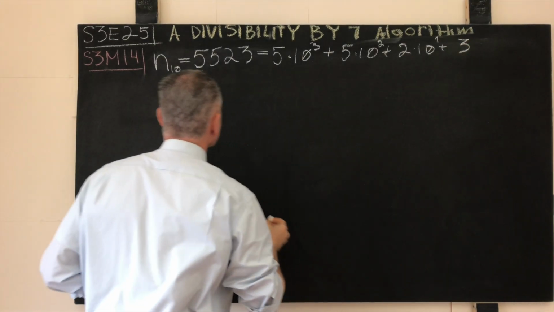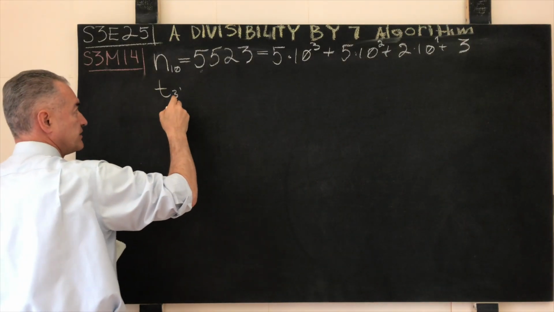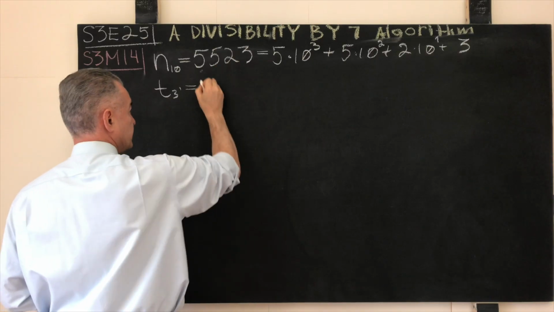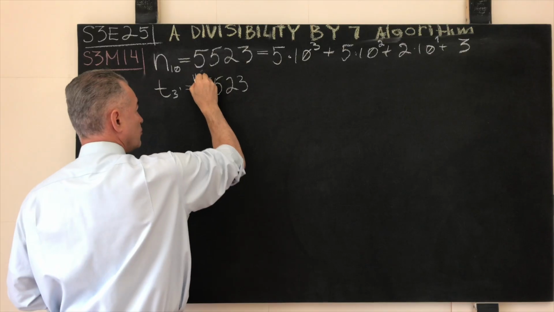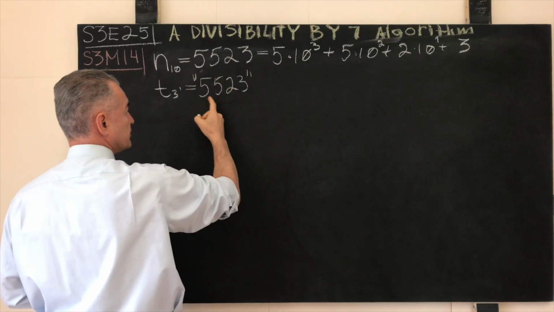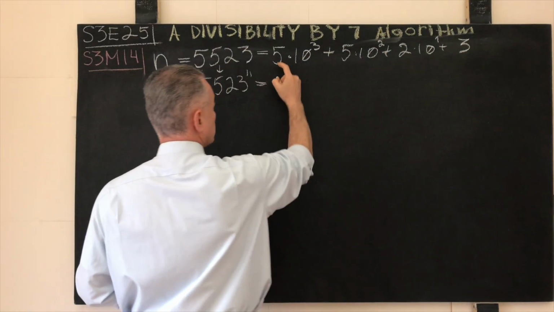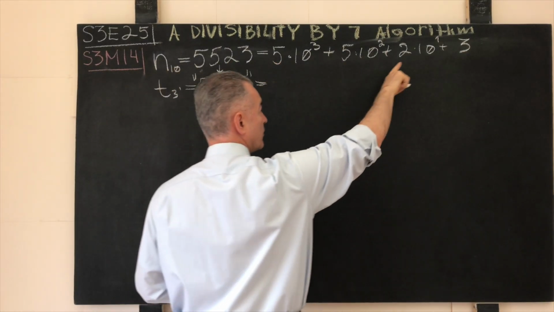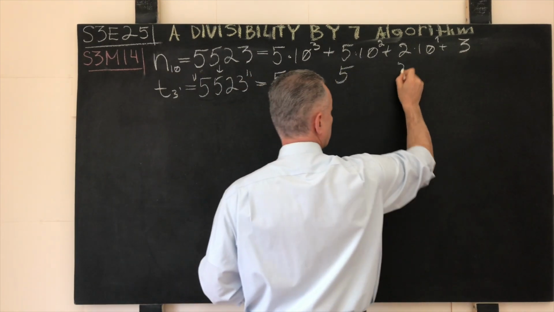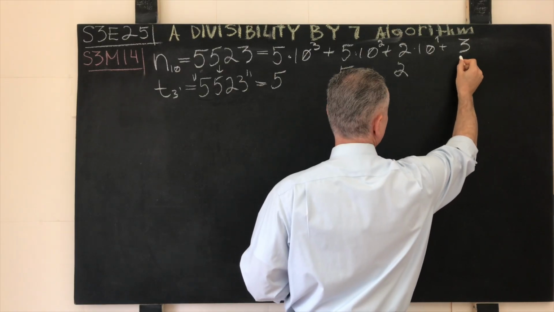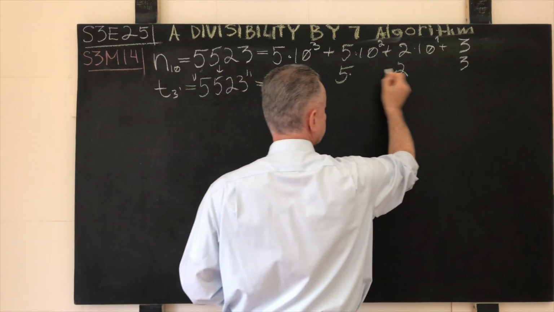3. Now we construct the number to which we refer as T3 prime, the pseudo base 3 decomposition. It's the same number, 5,523. We'll put it in double quotes because this is the number that is based on this decomposition. We carry down the coefficients, remember. So it will be 5, we already know 5, it will be 2, and it will be 3 in this case, but we will multiply these numbers by what?